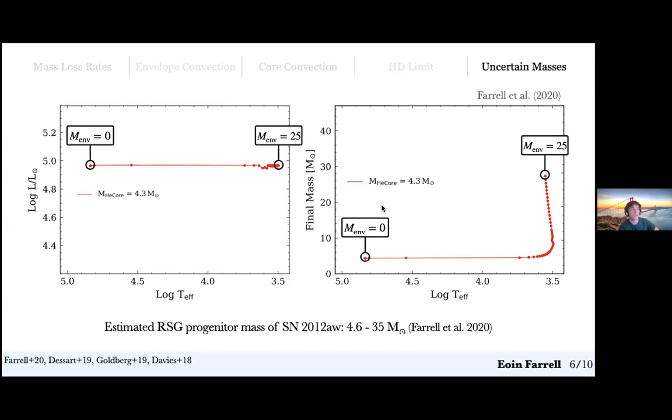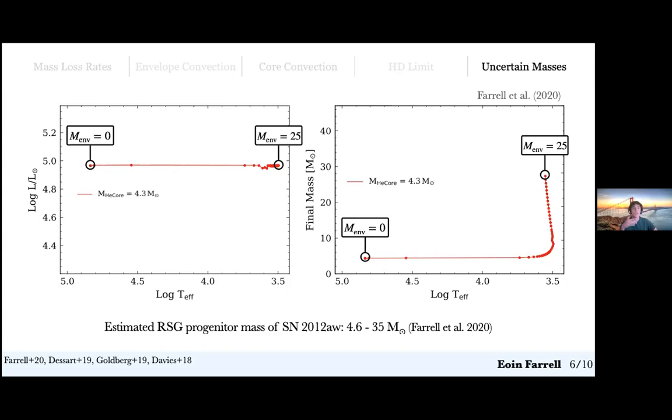And the right panels show the final mass versus log Teff for the same models. What we notice here is that over a very small range of luminosity and effective temperature, the allowed total stellar mass ranges from about 5 up to about 30 solar masses.